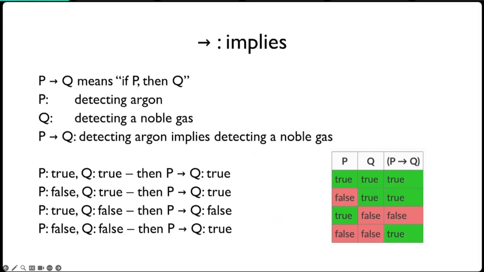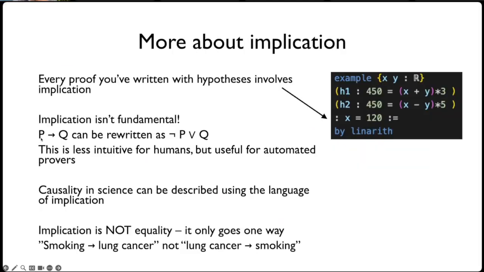So that's what I mean by P implies Q can be rewritten as not P or Q. And it's less intuitive for humans. Like we generally think in terms of if and then, or something causes something else to be true. We don't think not P or Q, that's weird.